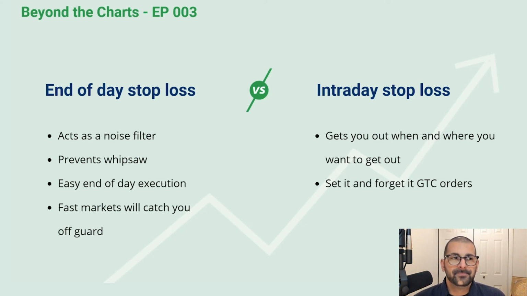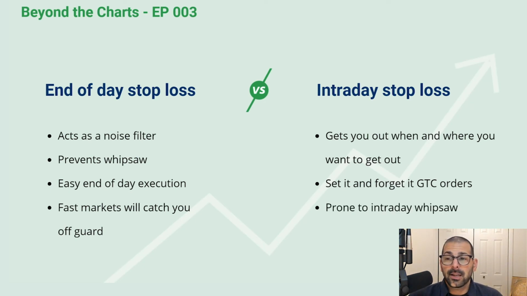Now, of course, if you're using sell stop limit orders, sometimes you have to worry a little bit to make sure that you actually got filled on that order, right? So there is a little bit of back-of-the-mind worry and angst, but generally speaking, especially with liquid stocks, you can rest assured and put orders in and assume that you're going to be getting out of those positions when and where you expect.